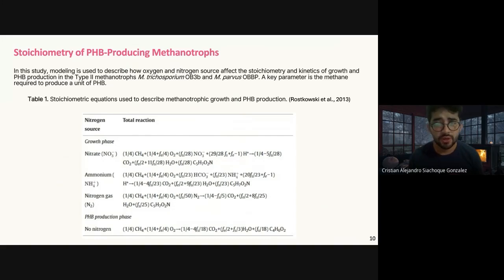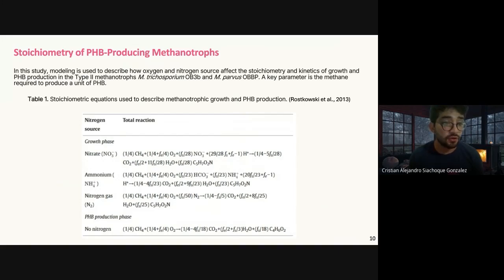The first equation has cell growth with nitrate as the resource. The second equation is ammonium as the nitrogen source, and the last equation for the growth phase uses nitrogen gas.